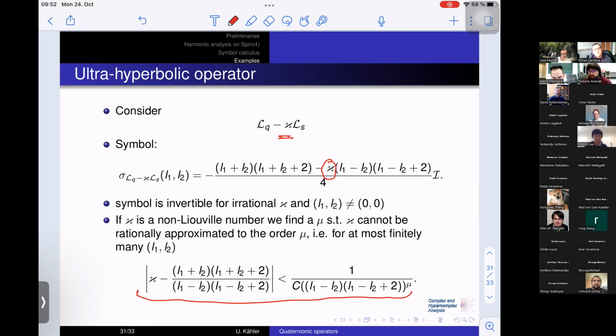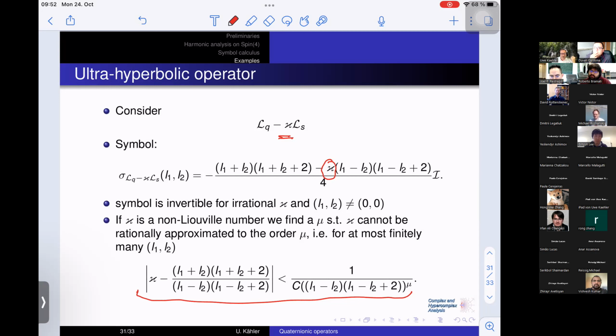And Liouville numbers are the ones for which you have such a decay condition, which corresponds actually to the condition we have for our case, for the hyperbolic. And so if it's a non-Liouville number, then basically that condition doesn't hold. And that's basically what we want there.